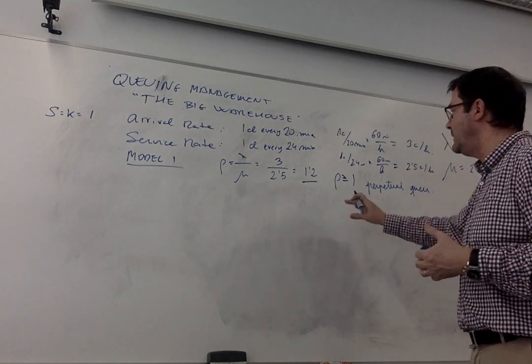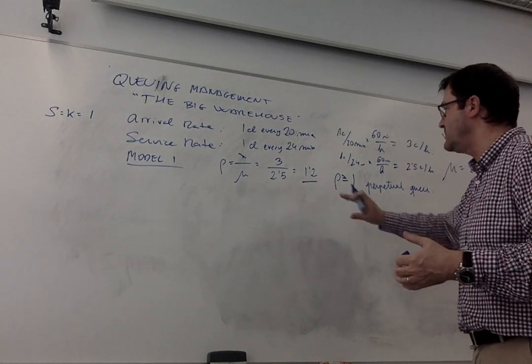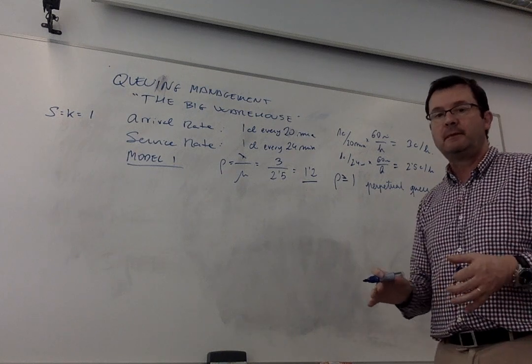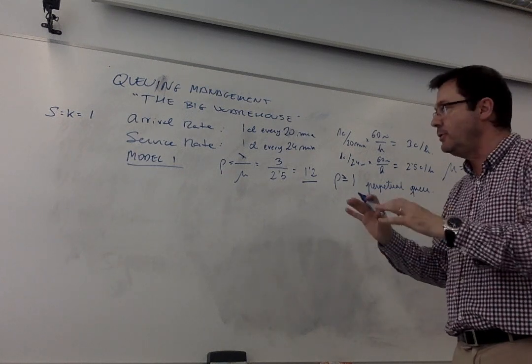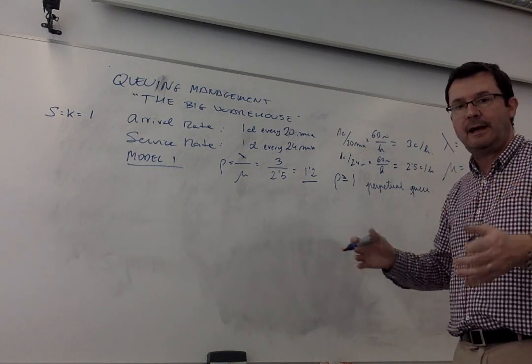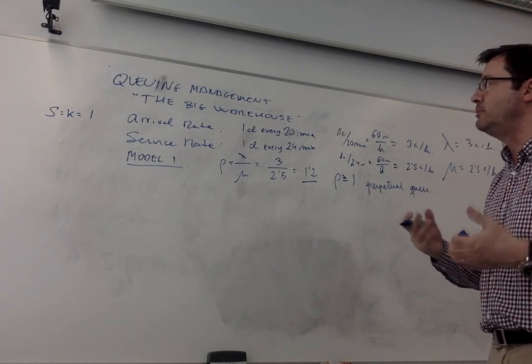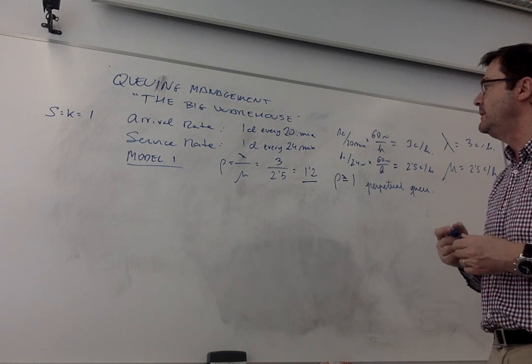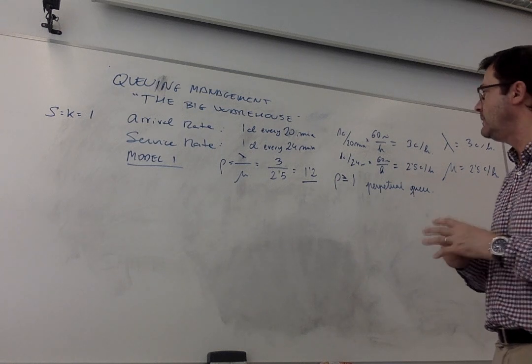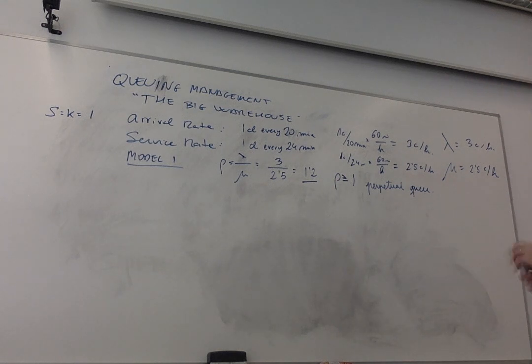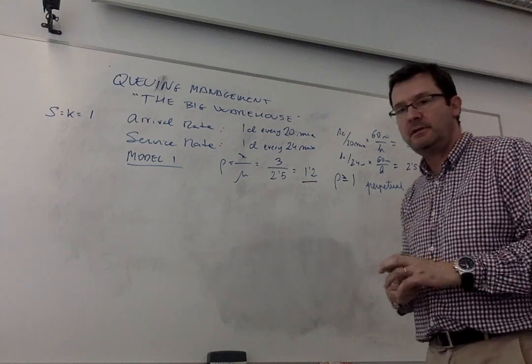So when it's model 1, or model 2, in this case model 1, and you have a perpetual queue, you stop it here. You say, no, I cannot go on, I cannot work out LS, LQ, because there is a perpetual queue. So what you have to do is to make a decision to improve this situation, right? So we'll see this in the following video.